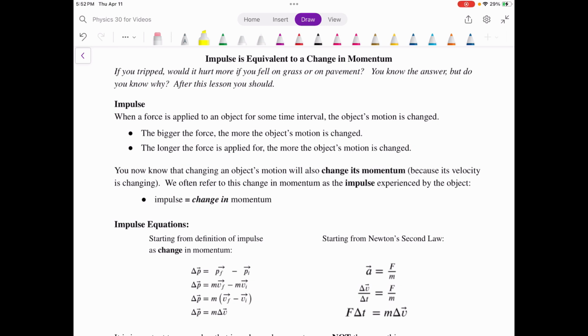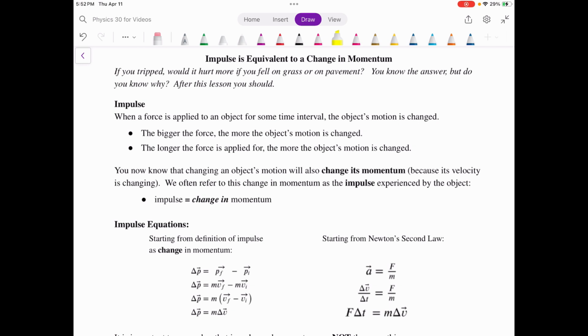All right, so we're going to start this talk about impulse out with a question, and I want you to keep it in the back of your head as we go and see if you can come up with a proper physics answer as we go, okay? So if you tripped and you fell, would it hurt more if you landed on grass or if you landed on pavement? Now, obviously, we know that the answer is pavement would hurt more, right? But why?